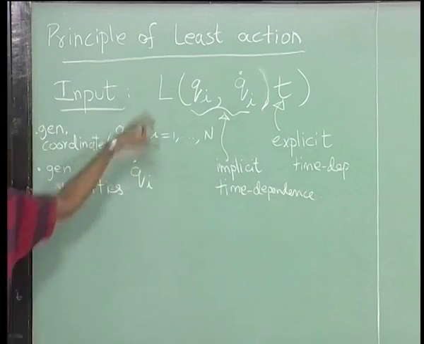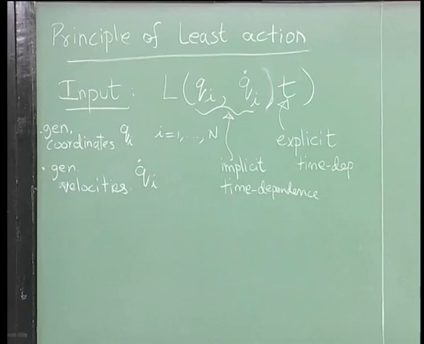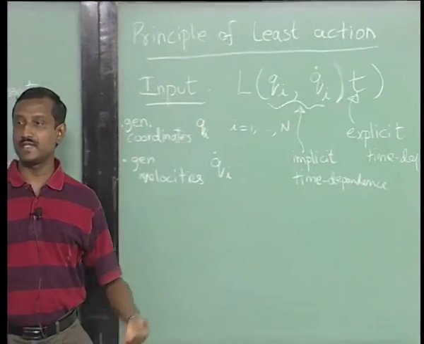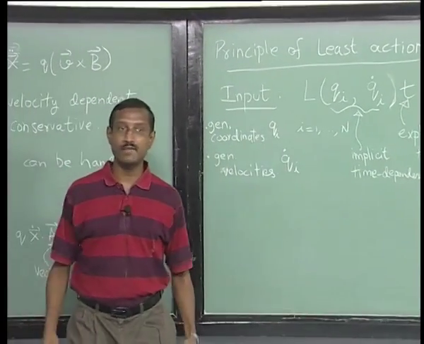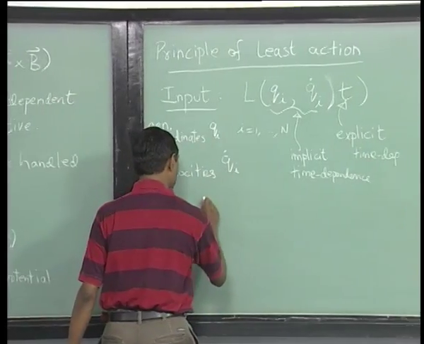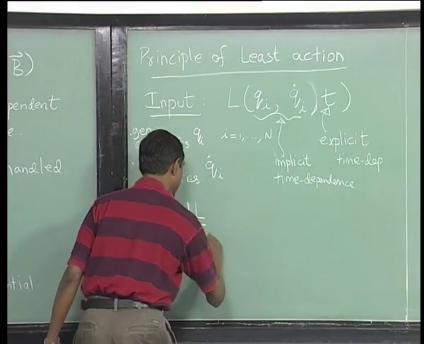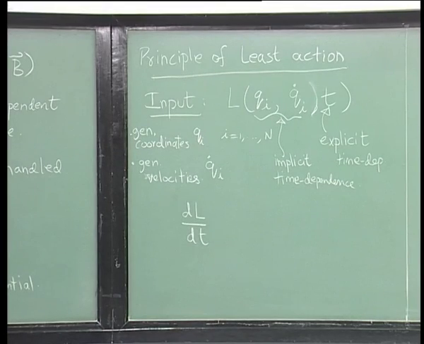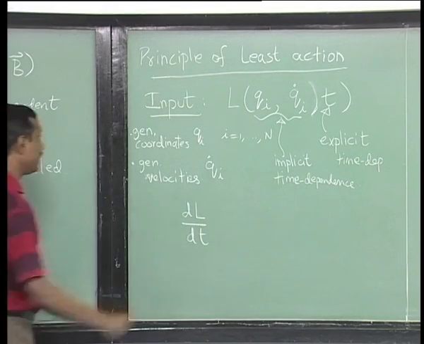So, for instance, if you want to know how this object, the Lagrangian, changes with time, or you want to take its time derivative, as in multivariate calculus, you will compute something called the total derivative, which has several pieces.